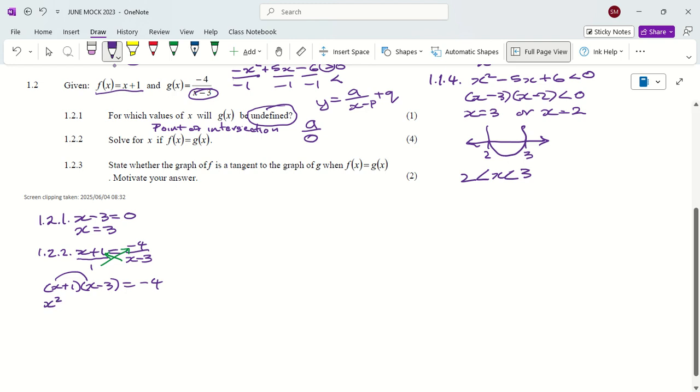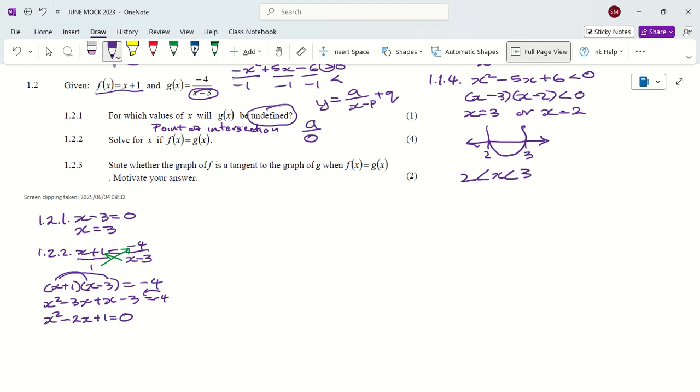This is going to be x squared minus 3x, we multiply these two, minus 3x plus x minus 3 is equal to negative 4. Then we can add like terms and say x squared minus 2x. Then if we take negative 4 to the other side, plus 1, plus 1 is equal to 0, right?